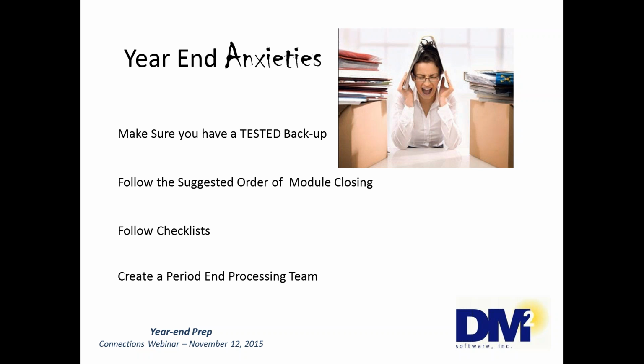They're going to be comfortable with it and know exactly what is going to happen, and it's going to be smooth for you. And even though it doesn't change from month to month, having this team together, following checklists, having a schedule is going to ensure everything goes smooth.